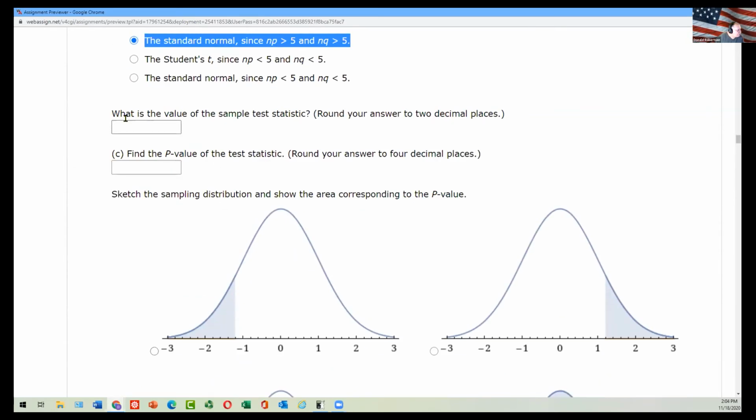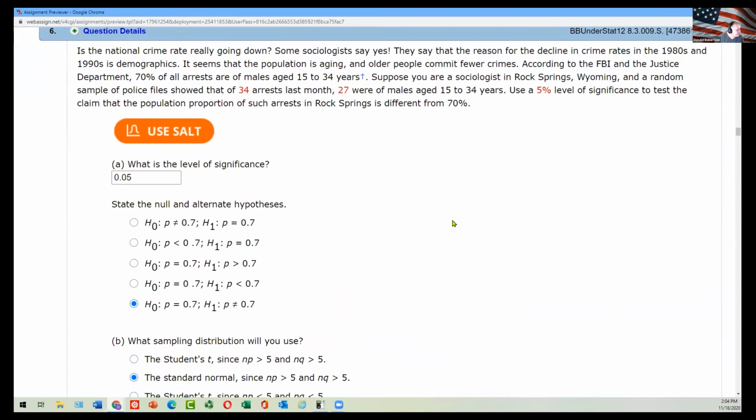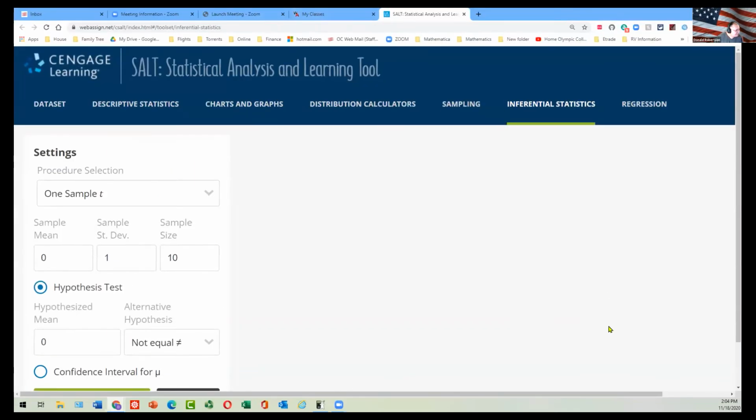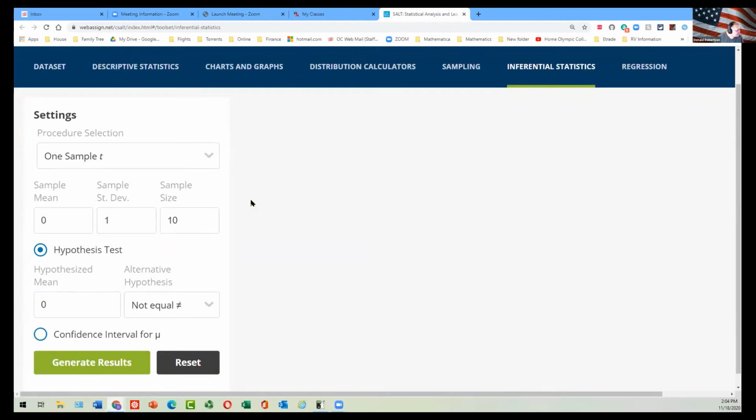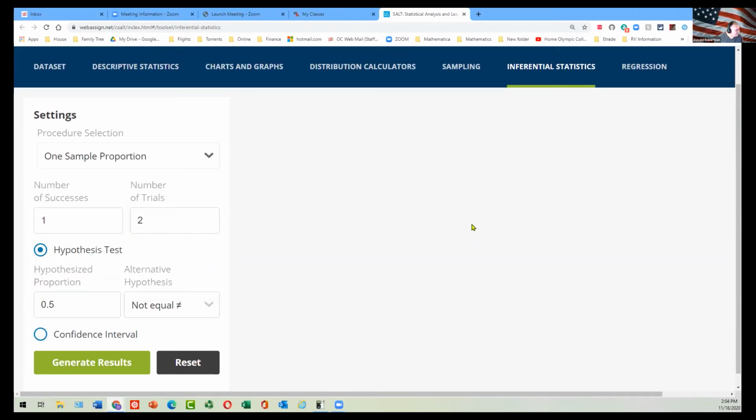Now, the test statistic is going to be the z-score, and the p-value is going to be the p-value. So now I have to figure out what it looks like when we hit the calculator. Well, it's going to go: inferential statistics, one sample proportion.